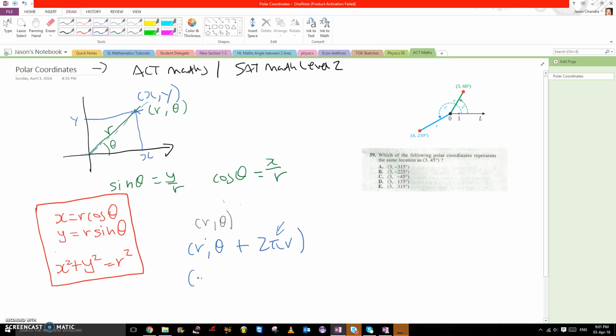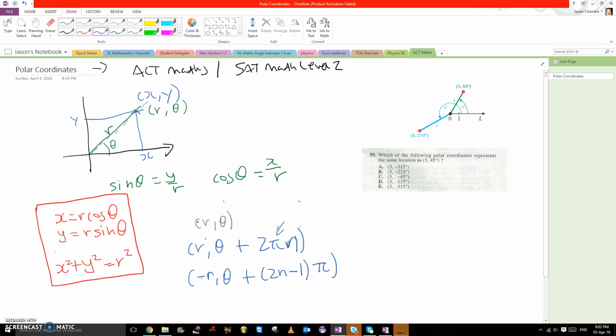Or if the r is negative, so in this case negative r, theta, the increments will go up in (2n minus 1) pi. Let me just label this again with an n.